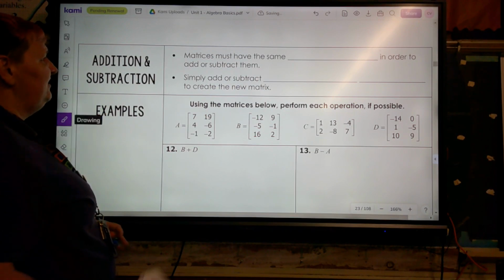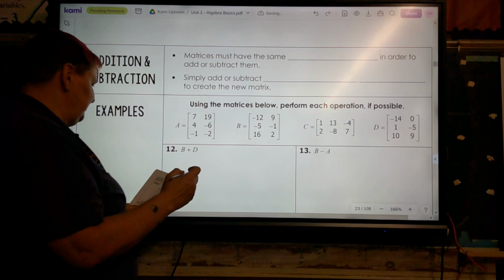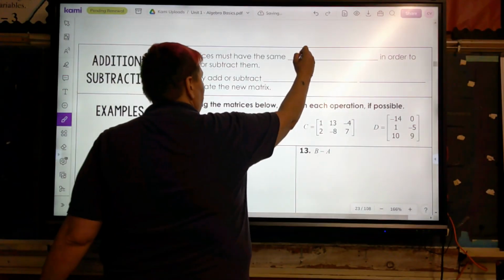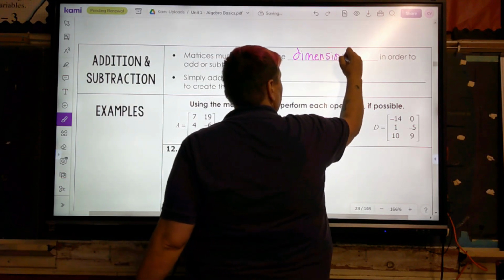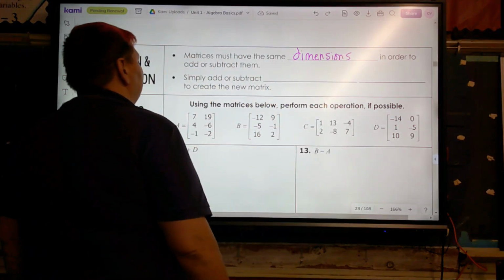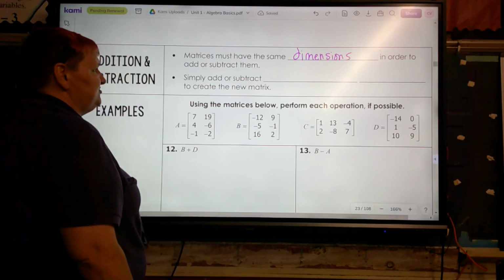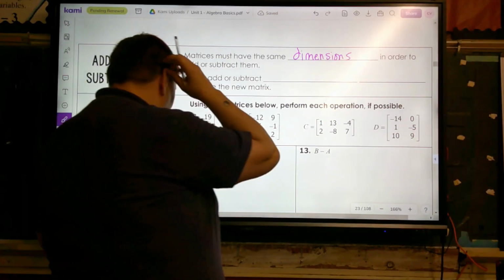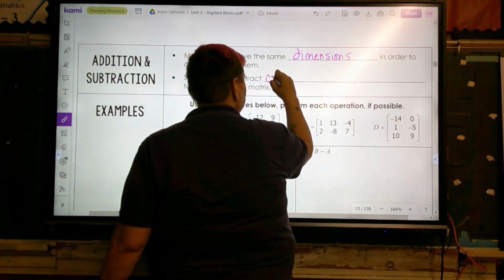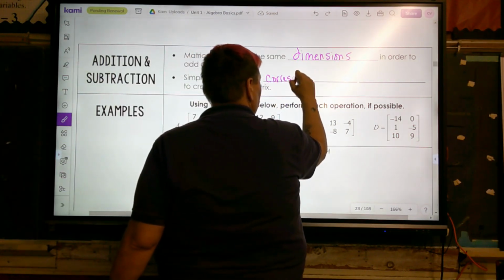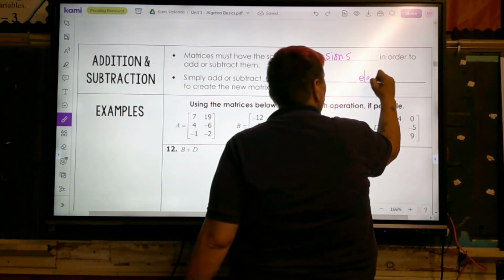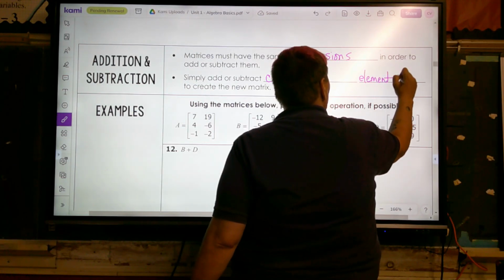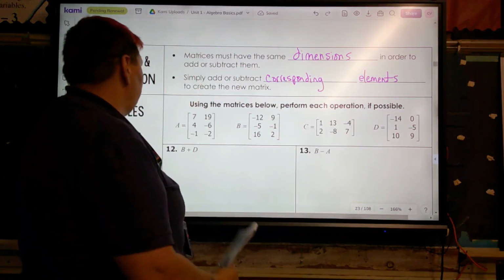To add and subtract, matrices must have the same dimensions. You simply add or subtract the corresponding elements to create the new matrix.